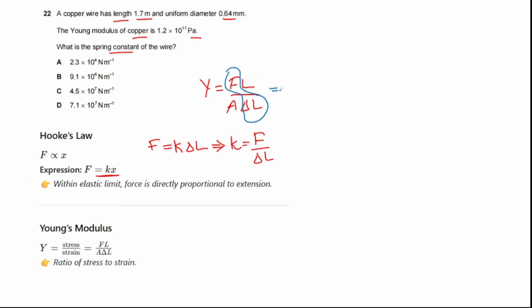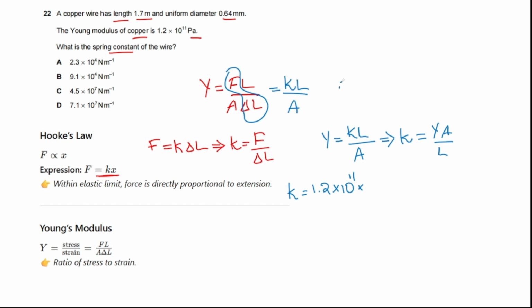So we can substitute that as the spring constant K, L divided by A. So we are using this formula, Y is equal to KL divided by A. So after rearranging with the spring constant as the subject, the formula is YA divided by L. So K is equal to Y, the Young's modulus value, which is 1.2 times 10 to the power of 11, and area of cross section is basically pi r square since it is a wire, and here what we have is the diameter.